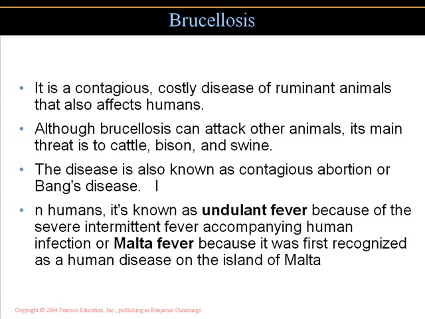You should be familiar with the name undulant fever because that's the catch-all for brucellosis in various parts of the world. Severe intermittent fever accompanies human infections, or Malta fever, which is less commonly heard of, but it is a human disease originally derived from the island of Malta where this organism struck.